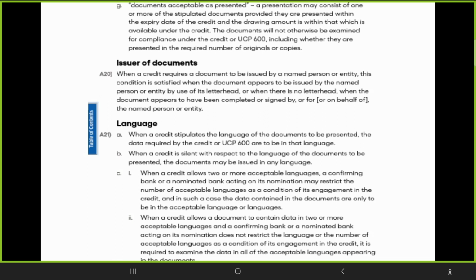Abhilash can use his letterhead to issue the document. Or if there is no letterhead at all, Abhilash can sign that document along with the name of the person who is signing it. That would be an intimation to the person checking the document that it is Abhilash who has issued it.